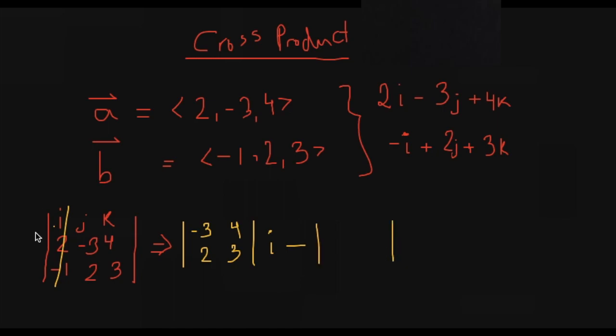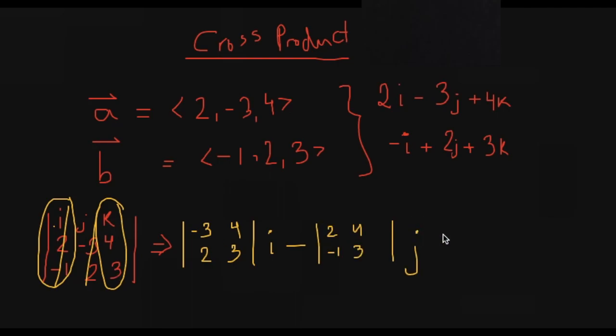We will do the matrix while crossing off j and using just i and k. 2, 4, negative 1, 3. And what you're going to put next to it is a j. Then we plus, and this is always a plus, and we do the matrix for k. And now we cross off k, but we are going to make a matrix for i and j. So 2, negative 3, negative 1, 2.